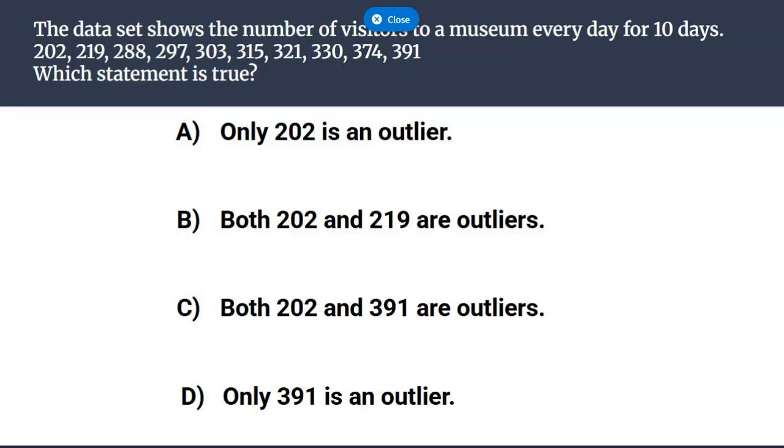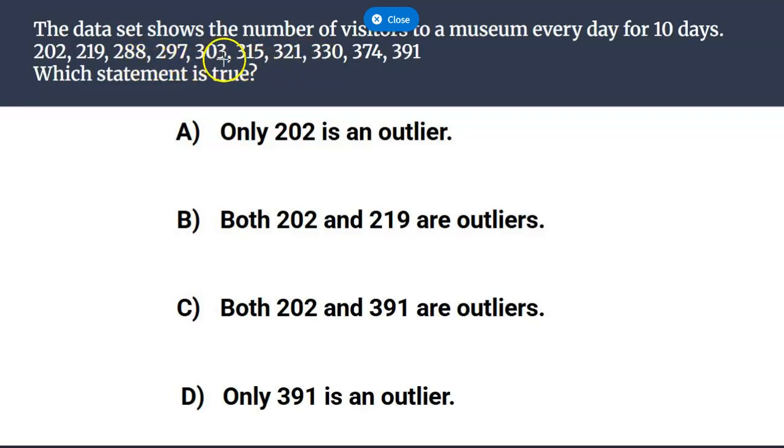We have another set of data here: the number of visitors to a museum every day for 10 days, 10 values. They are in order from least to greatest. Looking for outliers here, which statement is true? Well, looking at the values 202, 219, then there's a big jump to the 280s, the 290s.